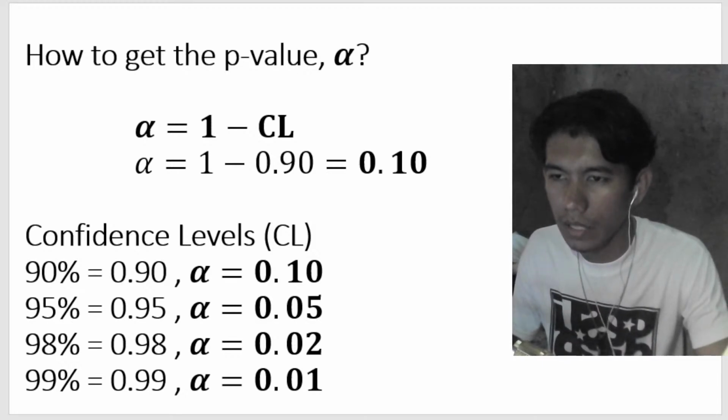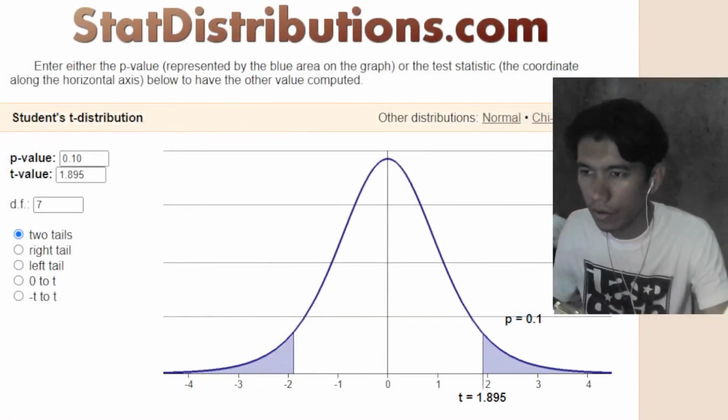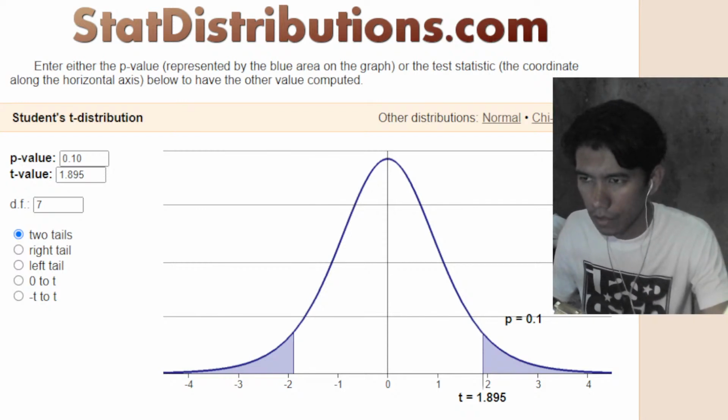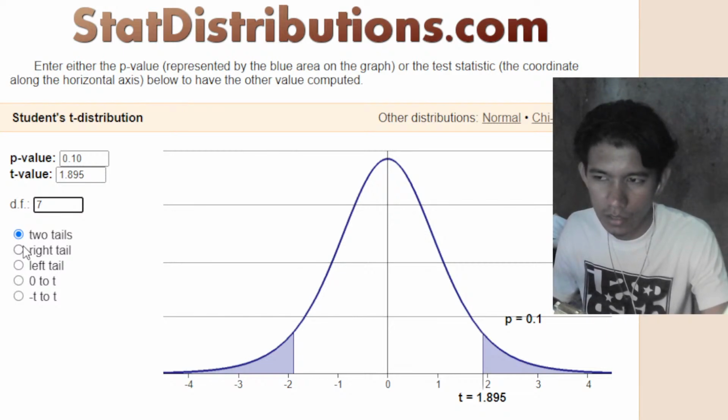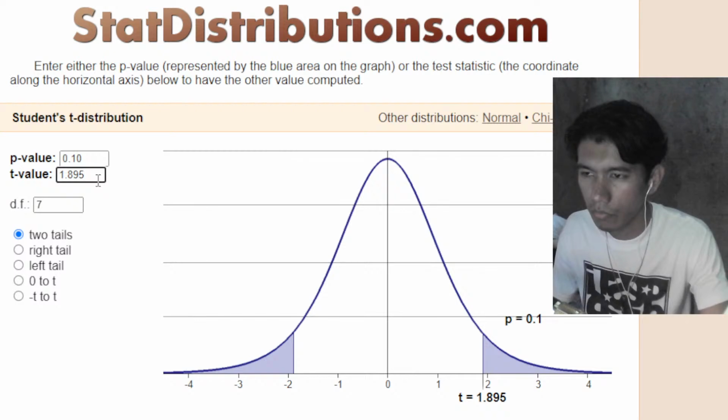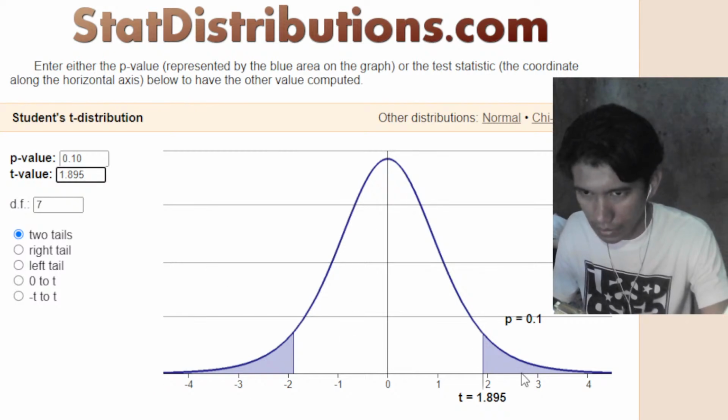Now this 0.10 will be our p-value, and we're going to type that into our software. We decided that the degree of freedom is 7 and that the test is two-tailed. As you can see, the software is already computing that the t-value is 1.895, and it will show the graph.